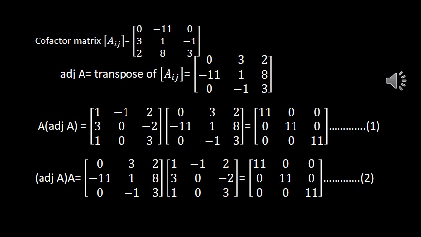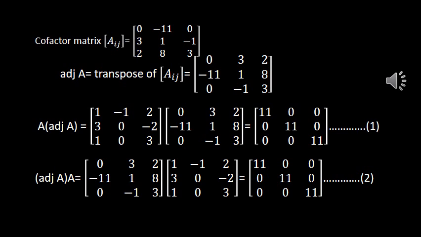Now let's find A into adjoint A. It is matrix multiplication. This is matrix A, and this is the adjoint A matrix. We already learned how to get the product of two matrices. The first row is multiplied by the first column: the sum of the products of elements of the first row with the first column is the first element of the product.